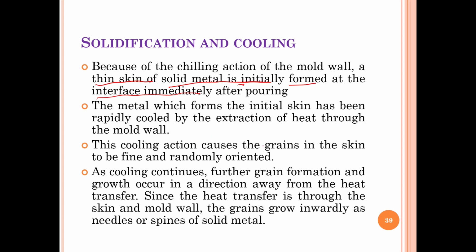This cooling action causes the grains in the skin to be fine and randomly oriented. As cooling continues, further grain formation and growth occurs in the direction away from the heat transfer. Since the heat transfer is through the skin and mold wall, the grains grow inwardly as needles or spines of solid material.